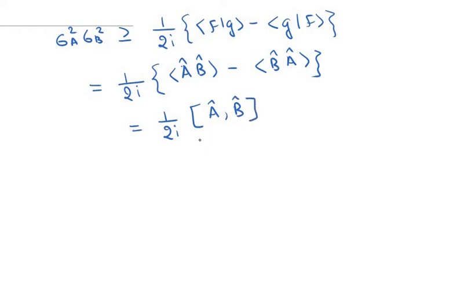Okay, now this is equal to 1 by 2i times the commutator of A and B. If the commutator of A and B is 0, then sigma A square sigma B square is equal to 0.